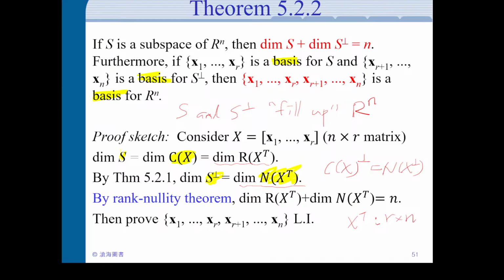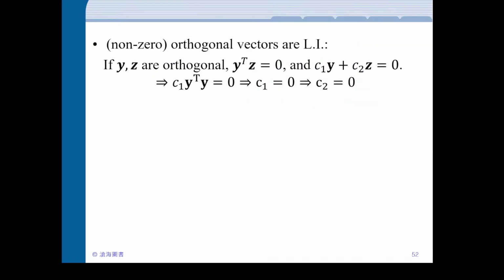Okay. And to prove they are linearly independent, here is the part that we kind of skim over. But basically, let's go to the next slide. We have a bit more.